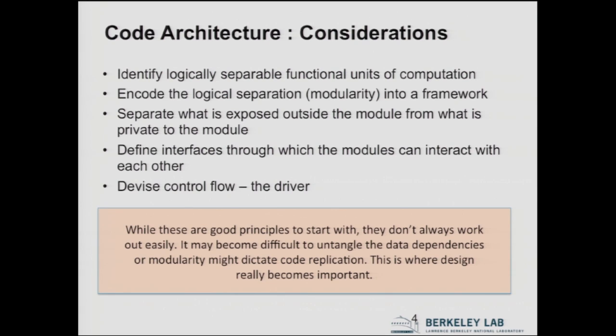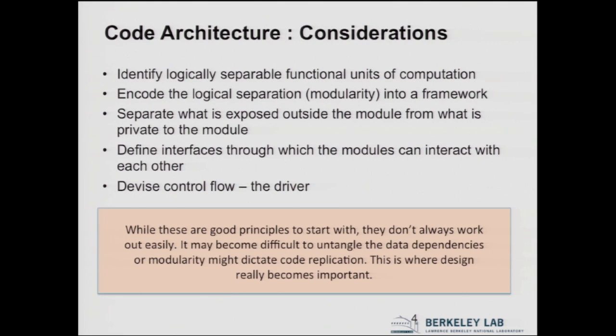Now, like I said, these are the principles of object-oriented programming, and these are good principles to start with, but in scientific codes, they don't always work out as easily. And sometimes the reason why that is you can have two completely logically separate units, for example, that you should be able to separate completely, but then they have lateral interactions with each other that you can't get around with, and that because physics wants it that way, and there is no getting around it.